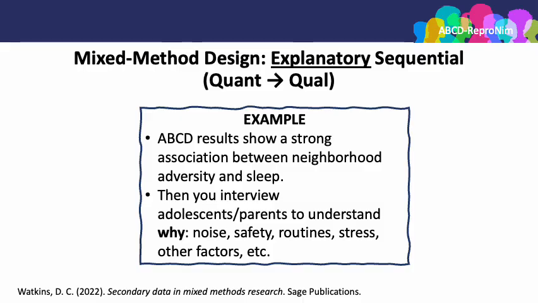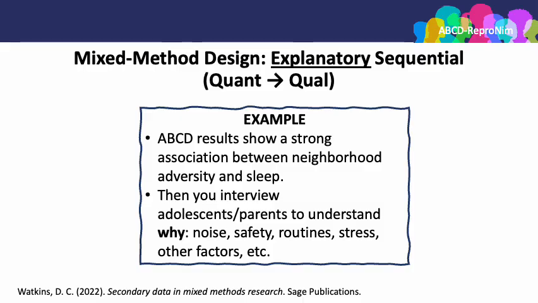Yes, this is going to be a much smaller sample than your ABCD sample. You are going to have to think carefully about which participants you want to have represented in your qualitative study. They're probably not going to come from the actual ABCD study space, but you can leverage, again, all that data in the ABCD study to really find out who is your at-risk population, who is your population of interest, what types of neighborhoods do you think are most influencing the sleep phenomena.